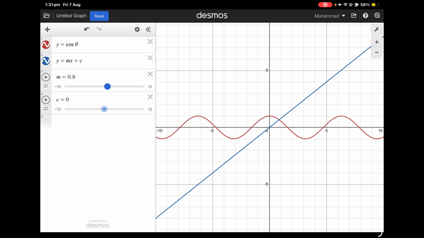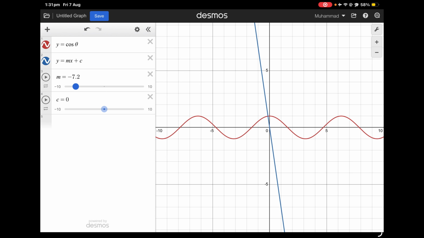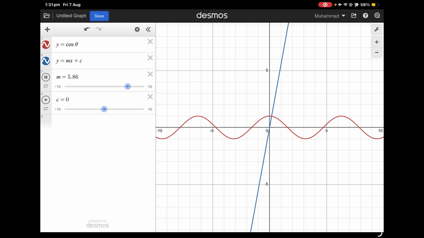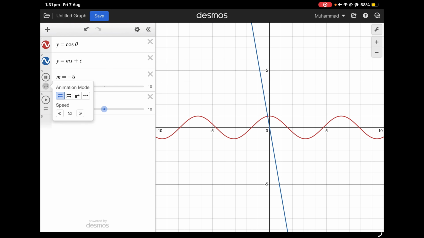So see how it turns. Is this going to make you dizzy?